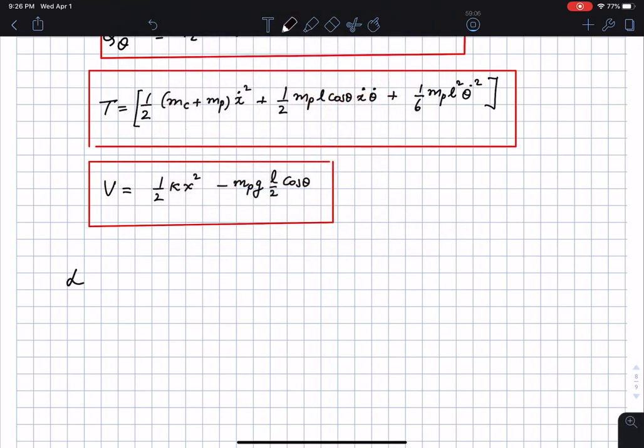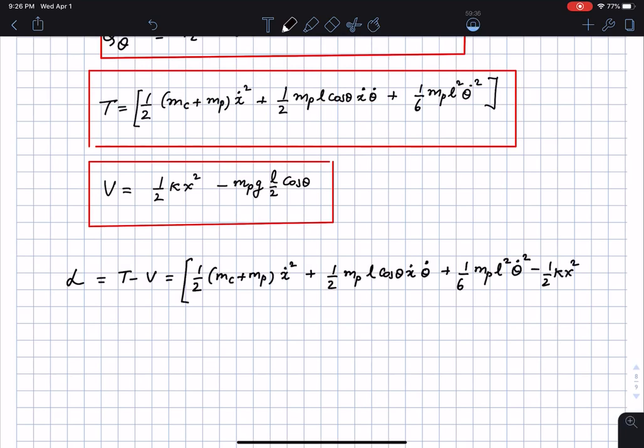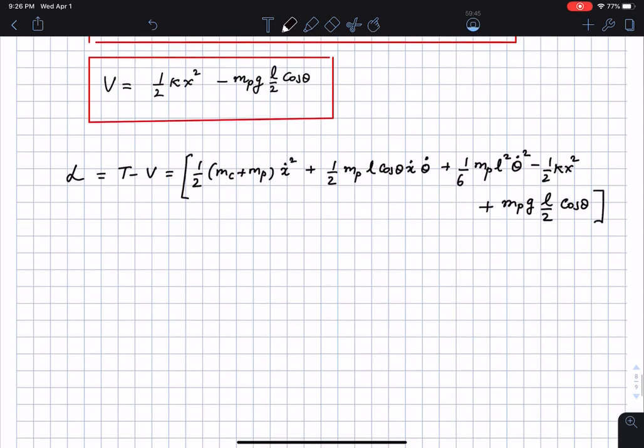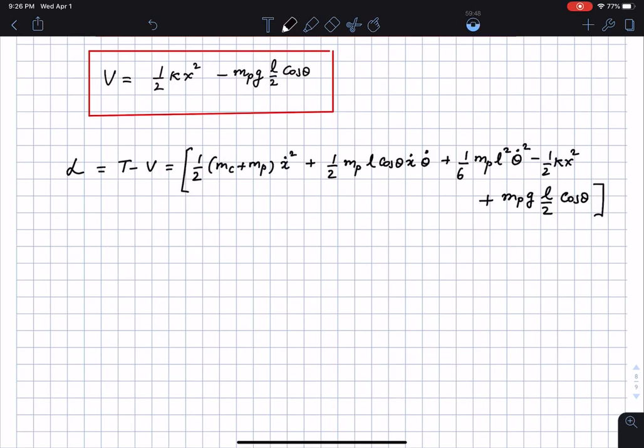So L is T minus V. So that's going to be half (m c plus m pendulum) x dot square, and then half m p l cos theta x dot theta dot plus 1 by 6 m p l square theta dot square, and then I'm going to have minus half k x square plus m p g l by 2 cos theta. Okay, so this is the Lagrangian, and then we have two equations of motion.